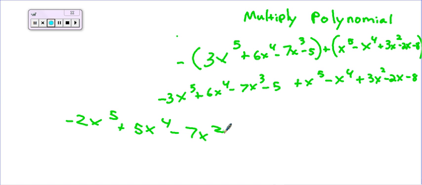Then I have plus 3x squared, and minus 2x. And minus 5 and minus 8 is minus 13, and then that's done. That's what we did yesterday. We added those polynomials up, and all I did was combine like terms.